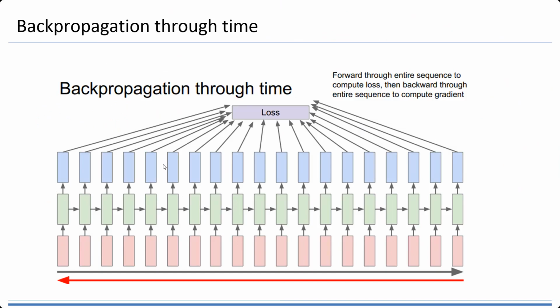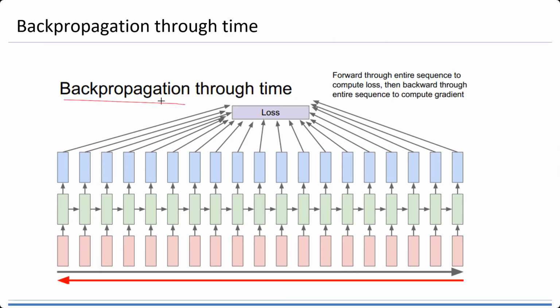And if you already learned about neural networks, we need to calculate the loss function. What is the loss function? We call it back propagation.